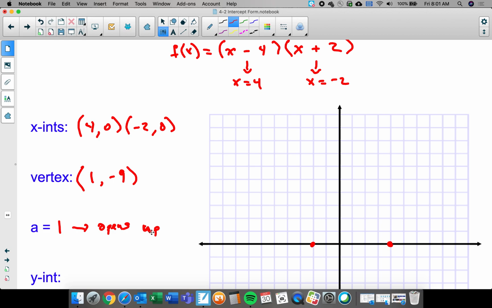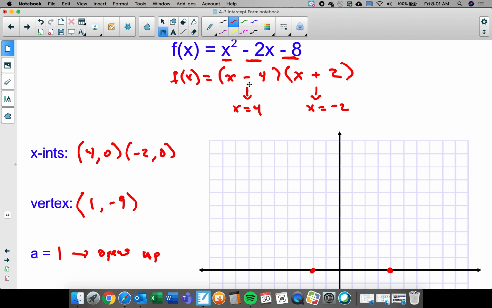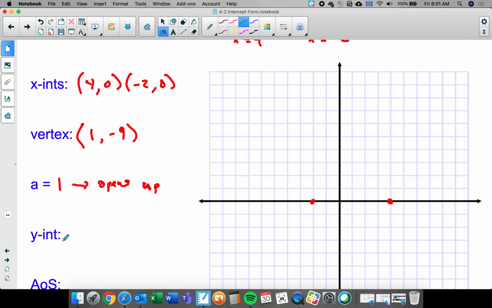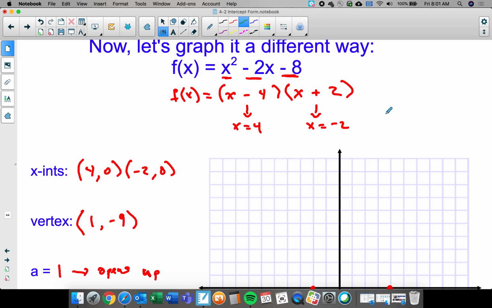If I wanted to find the y-intercept, and let's say I did this in factored form, that means that I'm plugging in 0 for x. Remember, y-intercepts are when x equals 0. So if I were to plug in 0 for x, I'm going to do it off to the side here, that means f of x would equal 0 minus 4 and 0 plus 2.